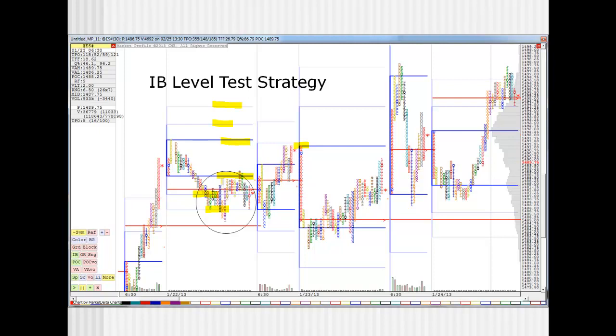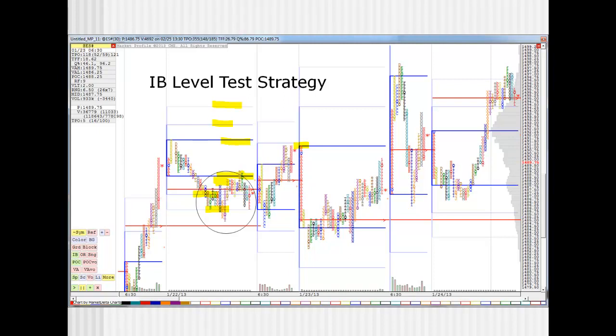So really, I am not going to go long until period Z that actually takes out the high of this other failed test that occurred in period W. And if you take that long, and now your target would be the initial balance low down here, once you wait several periods, you will be able to arrive at your target and take your profits.